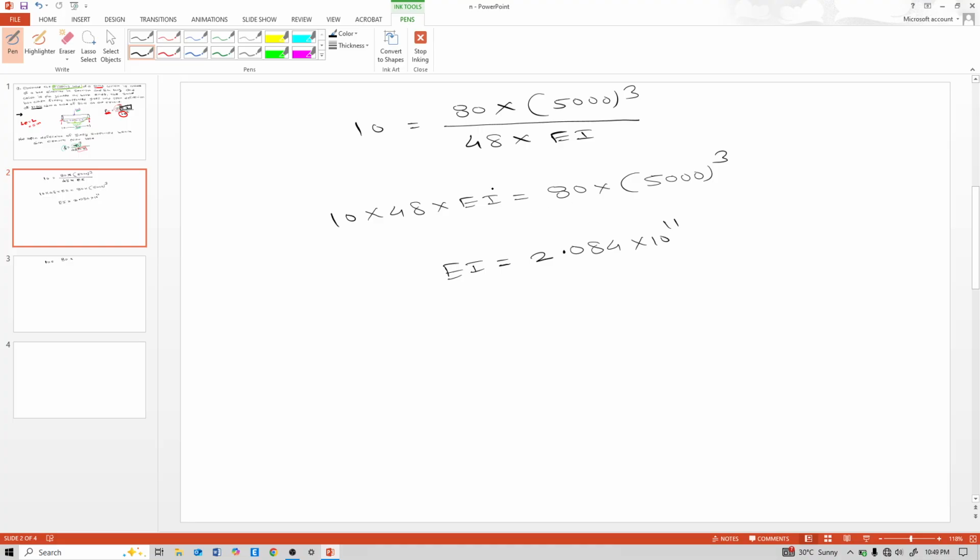And what is the unit? I don't know the unit. So how to know the unit? Just calculate. See, deflection is in mm, this 80 is in Newton, this 5000 is in mm, and this is cube, so that's why mm cube. So mm cancels, and Newton square... I mean, Newton mm square is the unit.